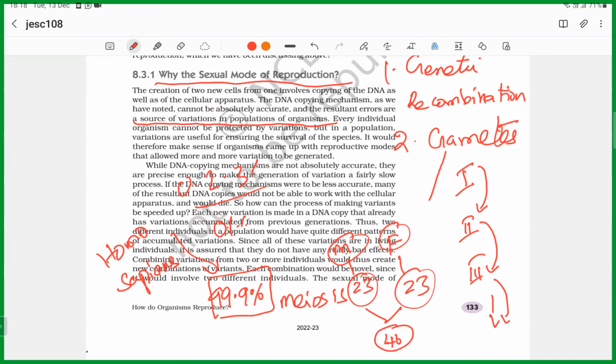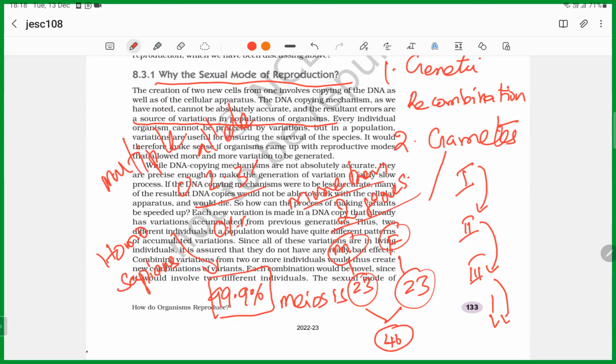So we vary from our parents in characters because of multiple alleles. What are multiple alleles? Listen, more than 2 genes for one character.